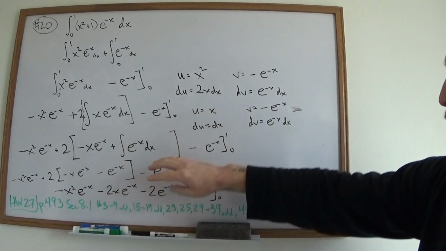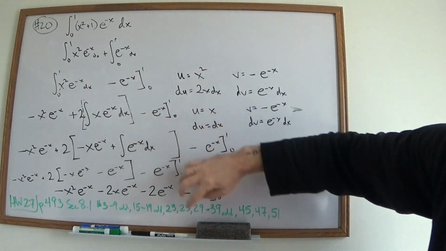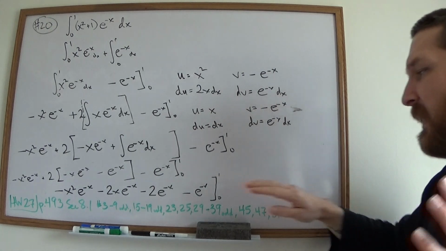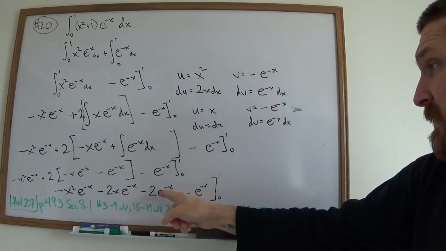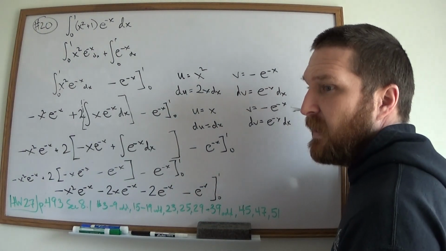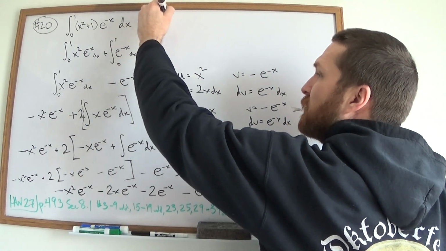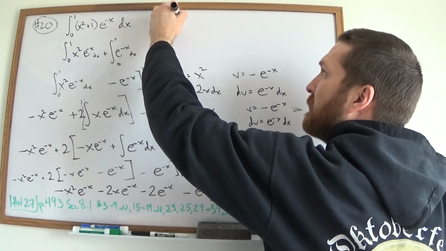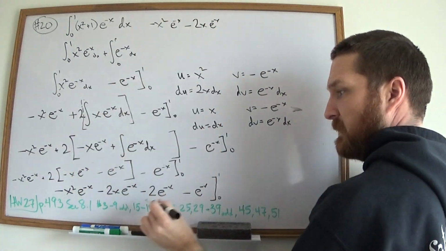And so I could have done that way up here, found out whatever number that is, and brought it along for the ride. Doesn't matter. I could do it right now individually, but one thing I notice is I could combine these a little bit. So, minus x squared e to the minus x minus 2x e to the minus x.